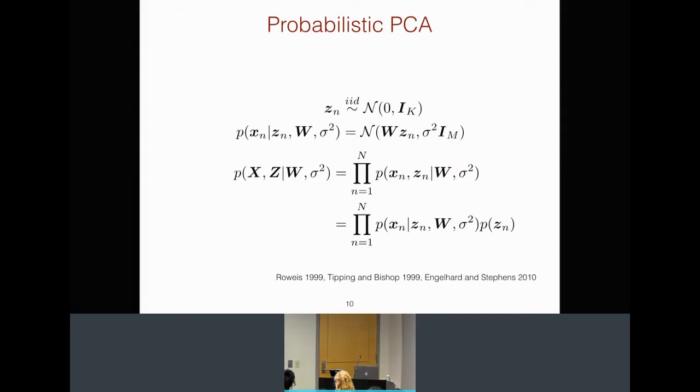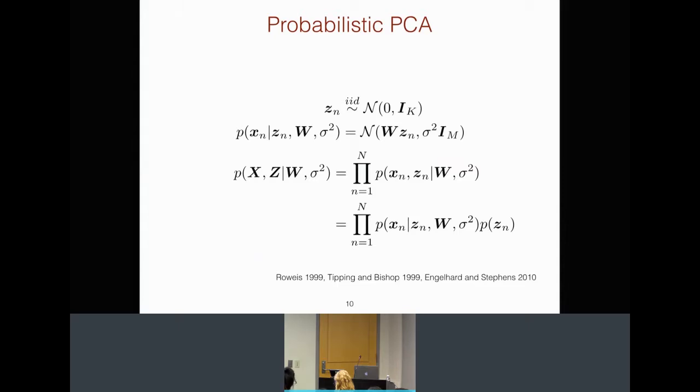So we're going to look at one individual. So for individual n, we're going to sample the Zn, which is this hidden variable, from some underlying Gaussian distribution. And now, given Zn and some additional parameters, we're going to actually compute our observed data xn.